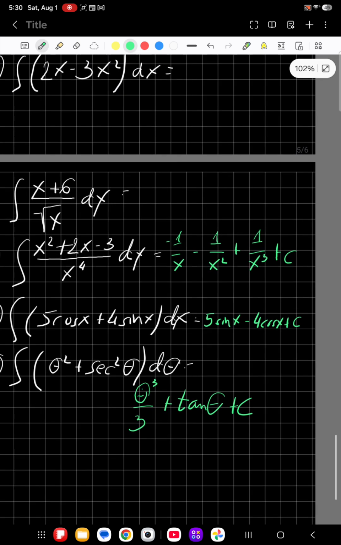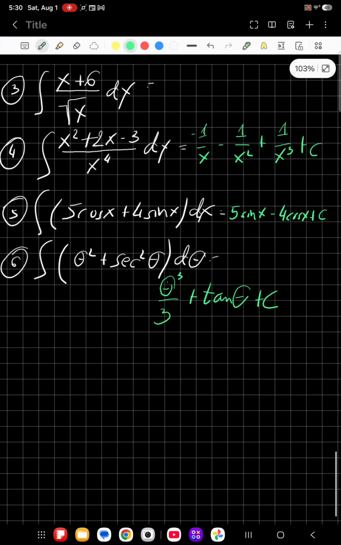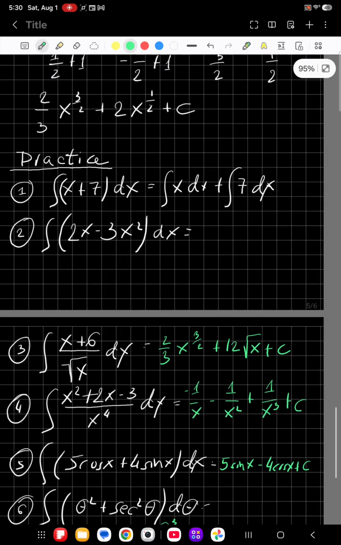Okay, problem 3. I have 2/3. So it's almost the same problem as before. And then the exponent here is 3 over 2. And then plus 12 radical x plus c.